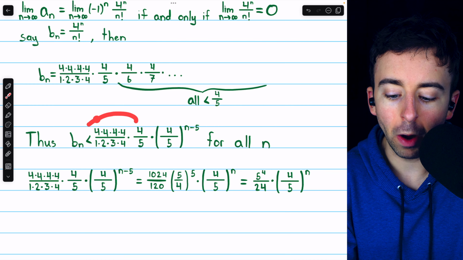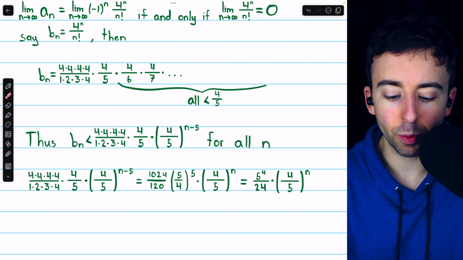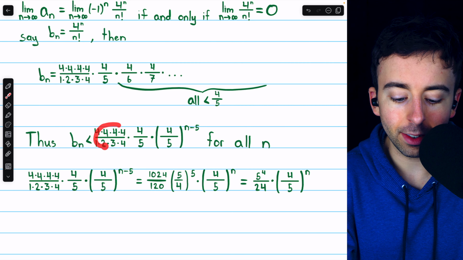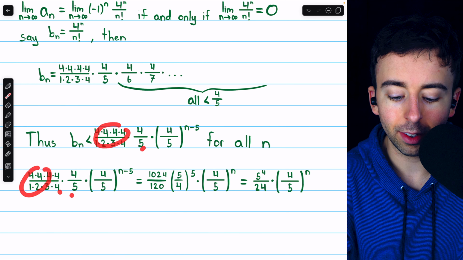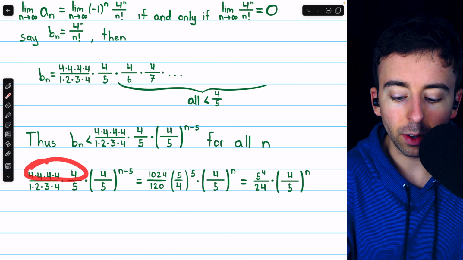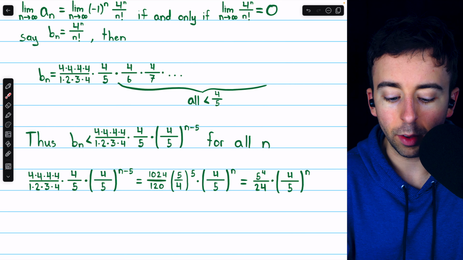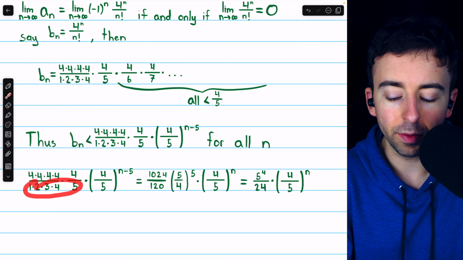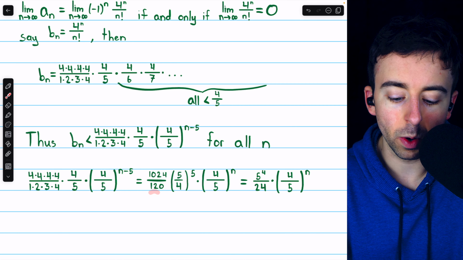Now let's rewrite this unwieldy expression. The expression is this times 4/5 times 4/5 to the n minus 5. Multiplying those 5 factors of 4 gives us 1024, and multiplying this part of the denominator gives us 120.